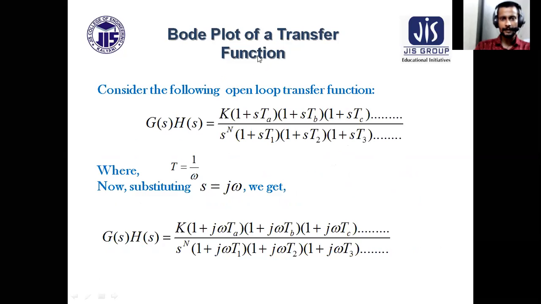Let me explain why. 1 plus j omega t, its magnitude will be under root 1 plus omega square t square.